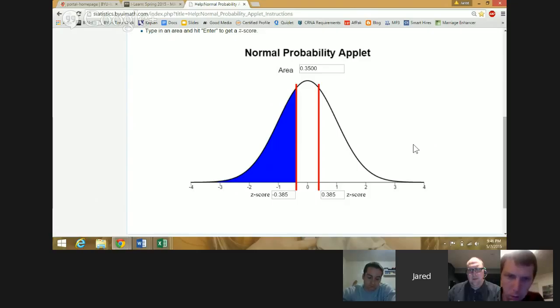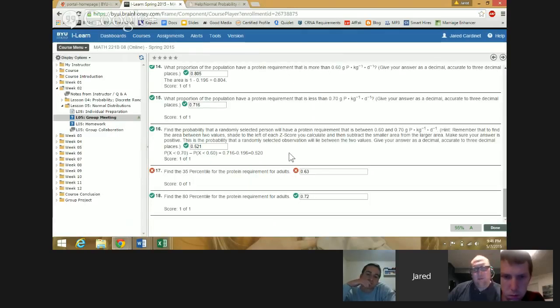Negative 0.385. Yeah, it still comes out the same. Maybe she typed it in wrong. Or maybe it was 3 decimal places. Well, but 18 wasn't, so it's got to be right.